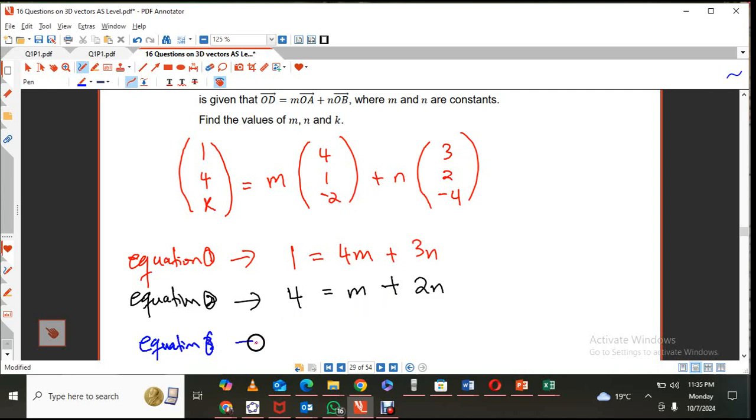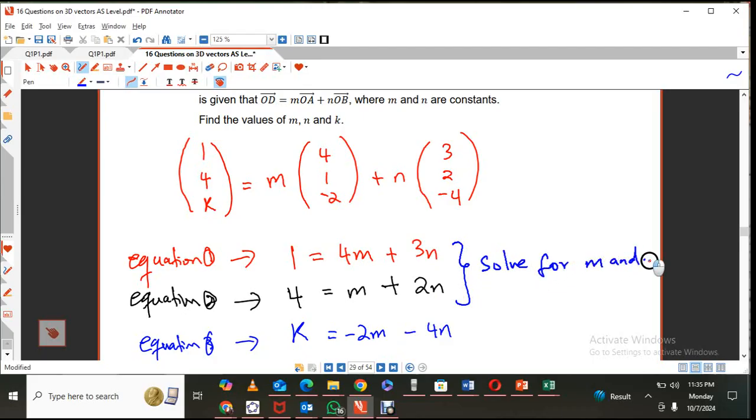So equation 3 is k equals minus 2m minus 4n. So I'm going to solve these two first. Solve for m and n. And once I have those values of m and n, I'm going to substitute in equation 3 to find the value of k.